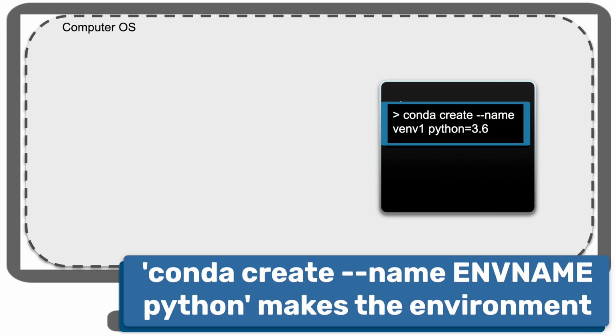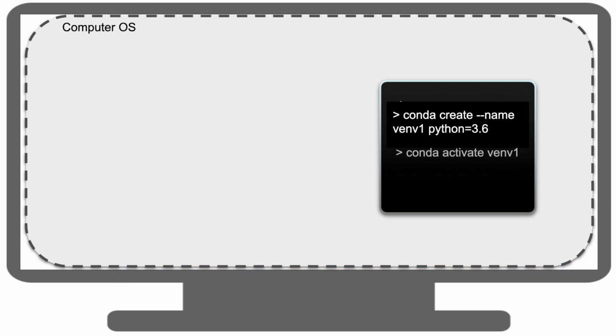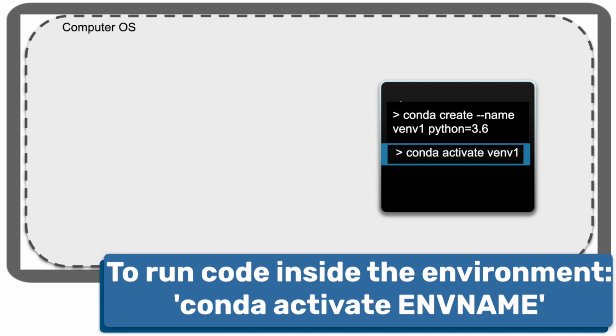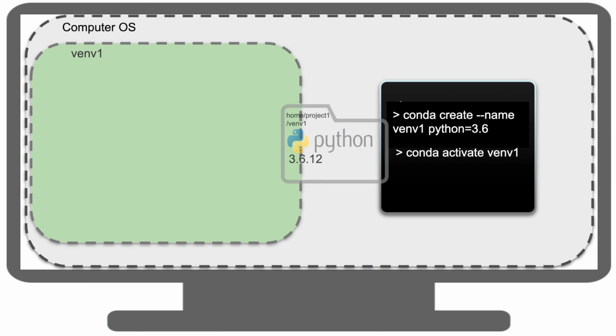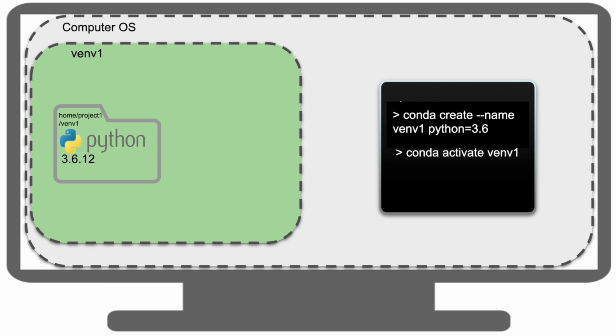It's naming it venv1, and it's using Python version 3.6. And from there, I want to actually activate that virtual environment that I called venv1. And so now it is activated, and it has the Python inside of the virtual environment itself, version 3.6.12.